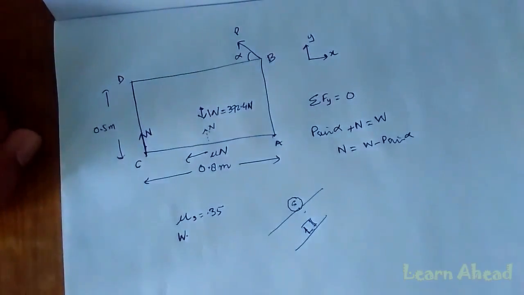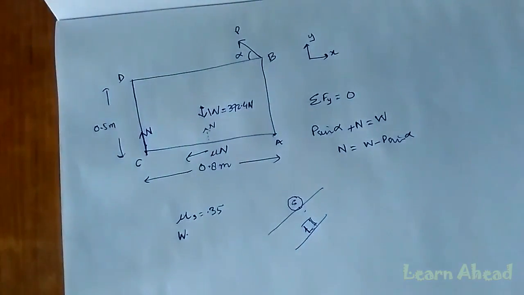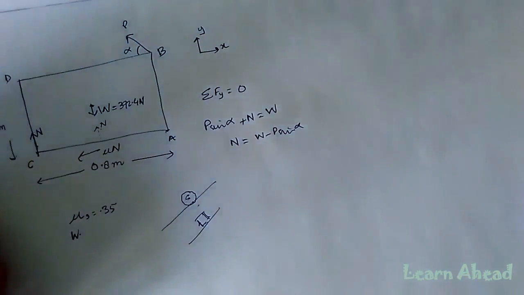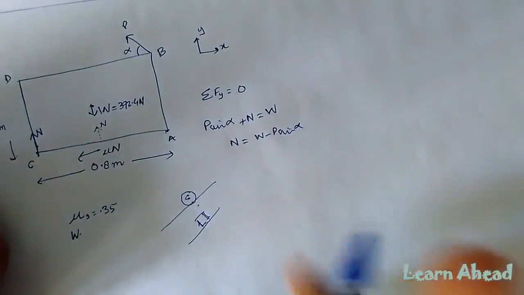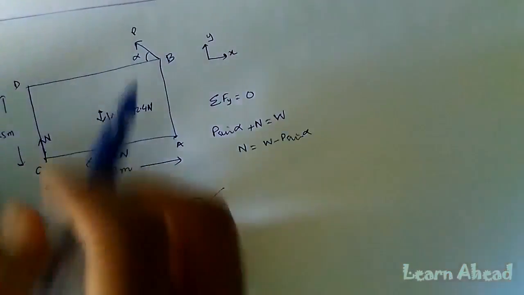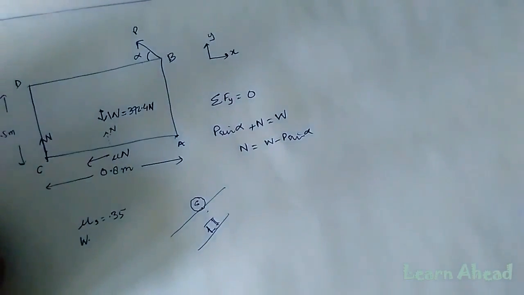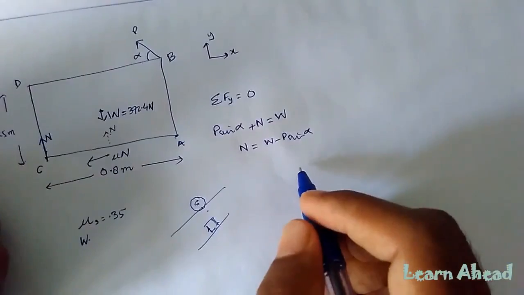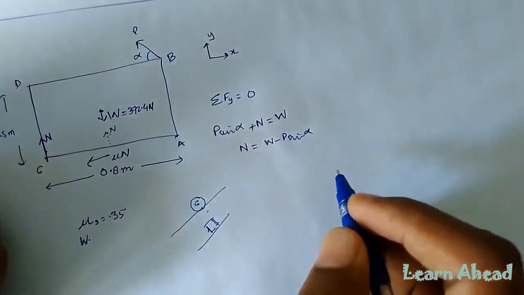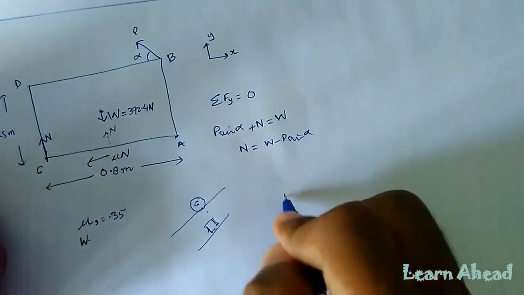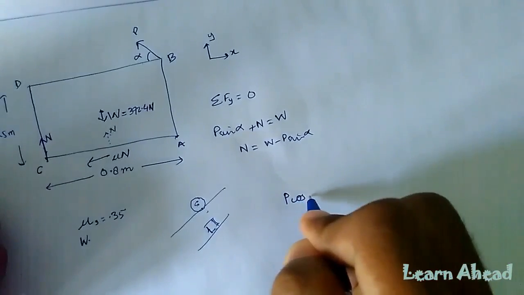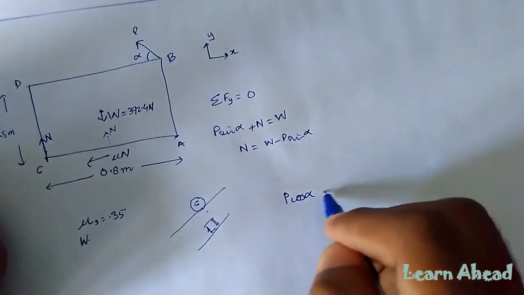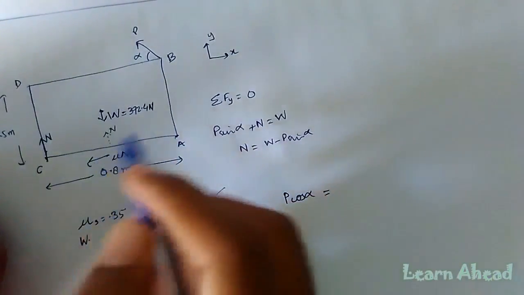Okay. So now just try to write the equations. First of all, we need two equations, because there are two variables P and alpha. First of all, we write sigma Fx is equal to 0. So sigma Fx is equal to 0 gives me that P cos alpha equals the friction force.